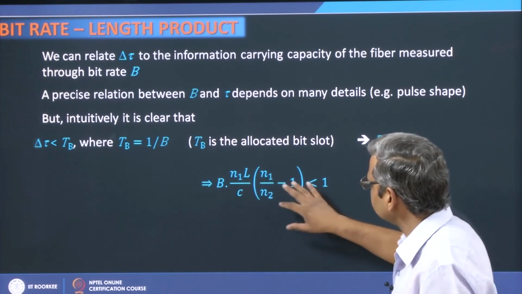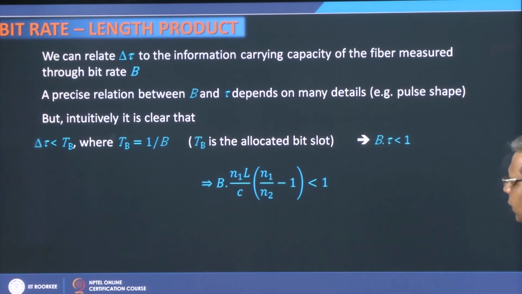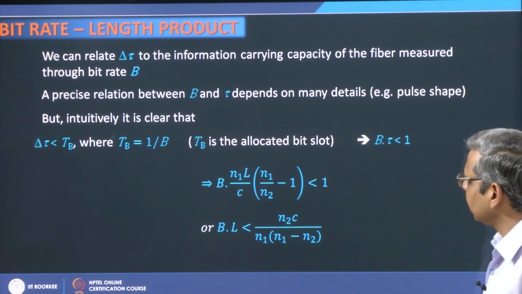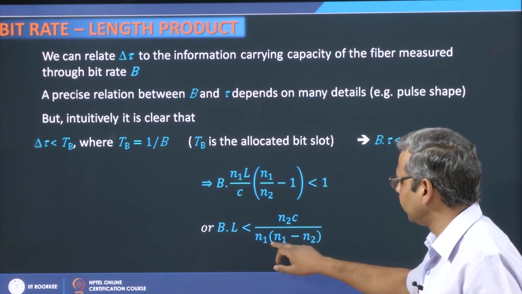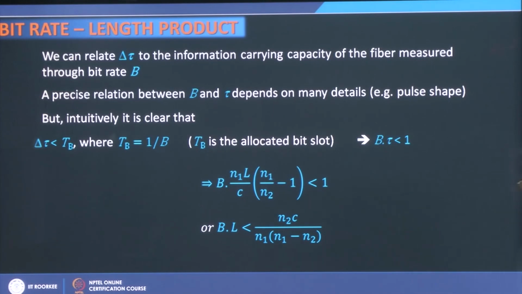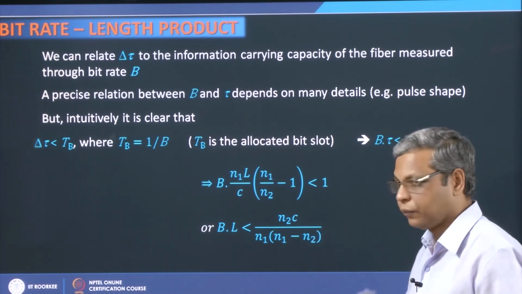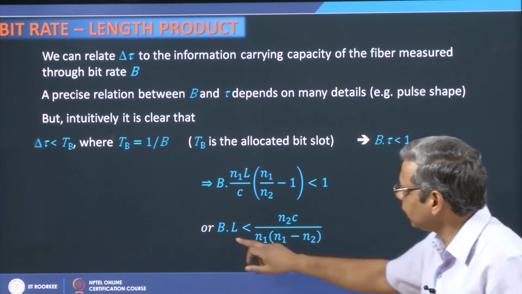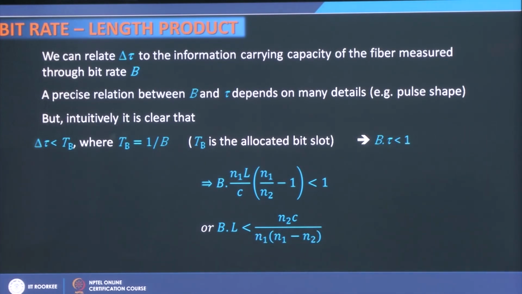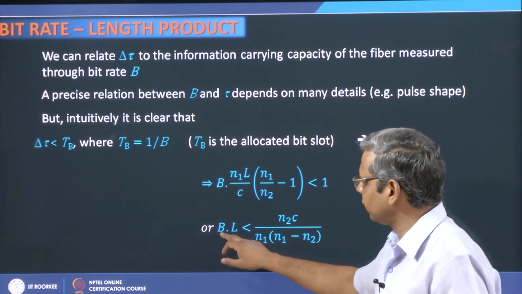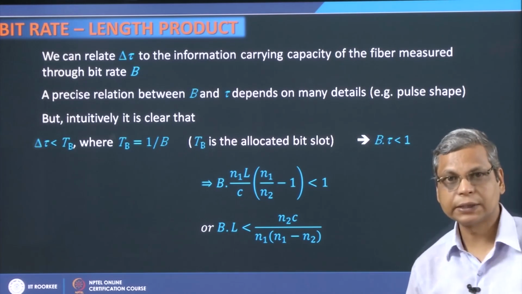So, B times this should be less than 1, or B times L should be less than n2 c over n1 times n1 minus n2. So, for a given fiber where n1 and n2 are fixed, B times L is constant, that is, the bit rate length product is always constant.